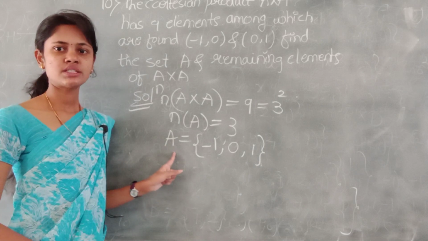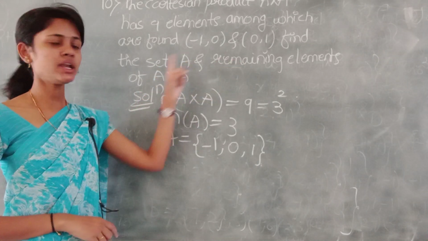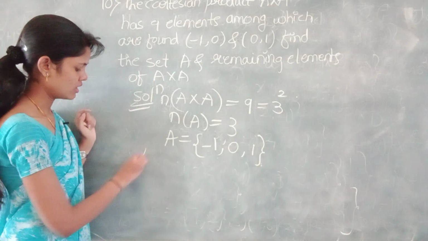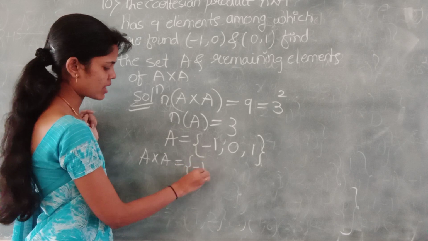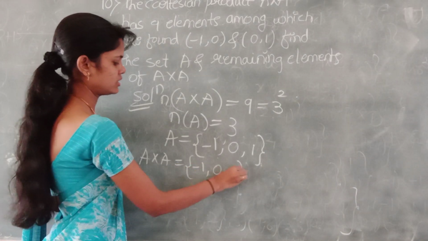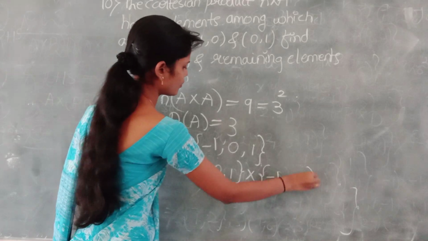This is the set A, and they asked us to find the remaining elements in A cross A. So A cross A is equal to {-1, 0, 1} cross {-1, 0, 1}.